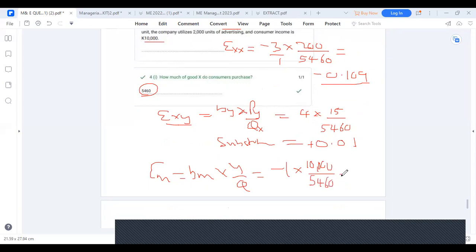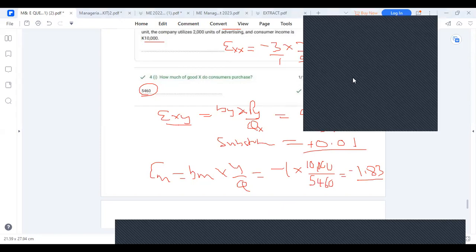What are we getting? 10,000 over 5460, negative 1.83. What type of a good is this? It's an inferior good. Excellent.